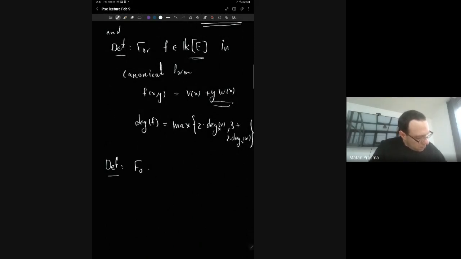So for R, a rational function on E, maybe I write it in some representation. This will not depend on the representation.